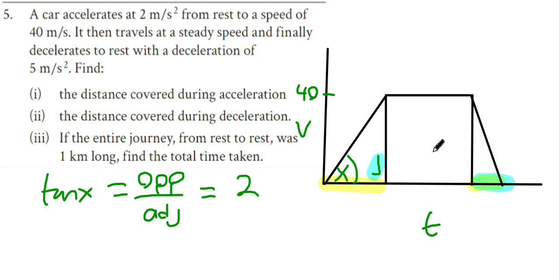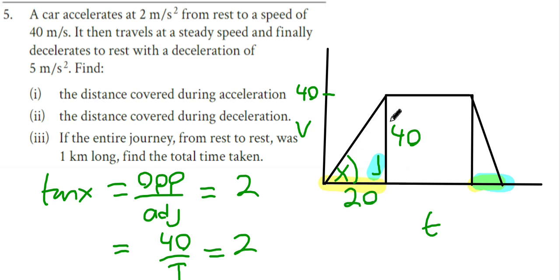So, if you will, 40 divided by t. 40 divided by t is actually 2. So what's the t value that makes that happen? 20. Done. That takes 20 seconds to go from here to here.